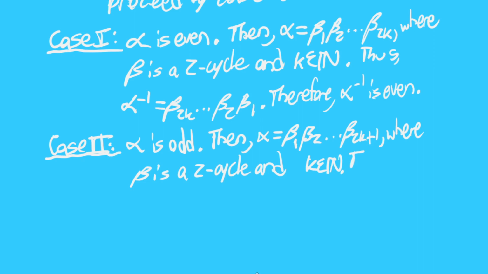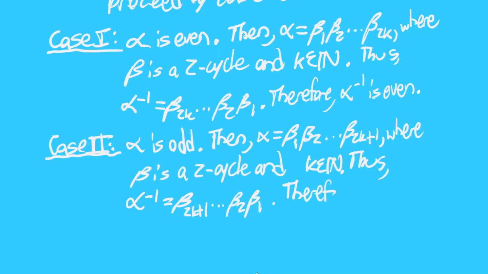So thus we have alpha inverse is beta 2k plus 1, and so on down to beta 2, beta 1. This is cycle structures, so therefore alpha inverse is odd, as desired.